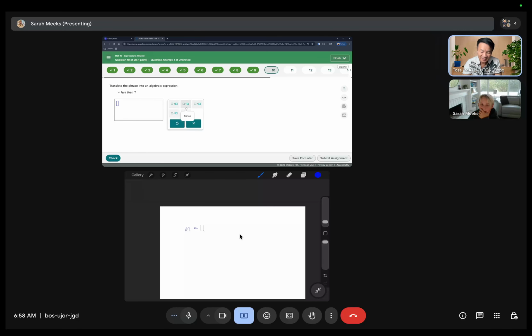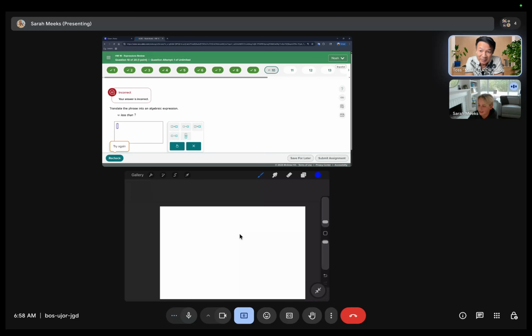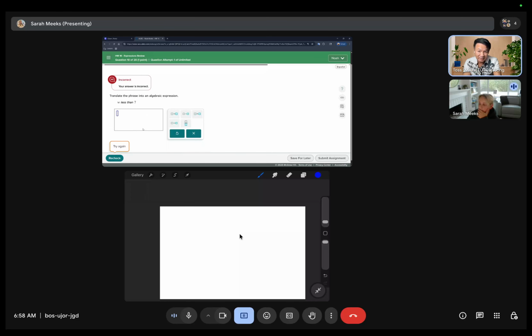Let me give you another example. If I say 5 less than a number, you want to give it a shot? It's not going to be right, but go for it. Let me explain this. That's what I mean about it. It's a common error. 5 less than a number looks like this.